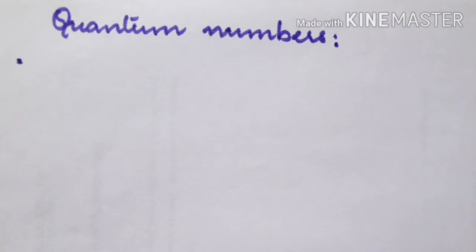They are called quantum numbers. There are 4 different types of quantum numbers which help to understand the exact behavior of an electron in an orbital.